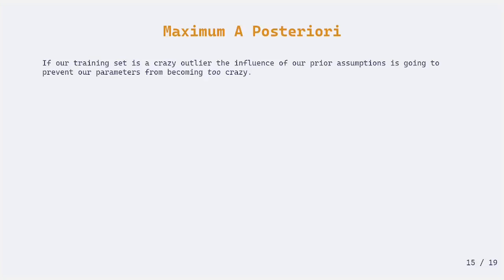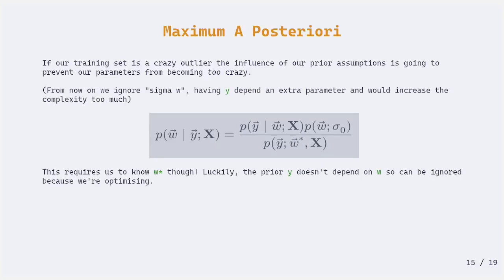So let's do it. Let's calculate the maximum posterior. Using Bayes' rule, we see that the probability that we get our parameters, given that they output y, is the probability that y is output by our parameters times the probability of our parameters occurring, divided by the probability of our outputs occurring.